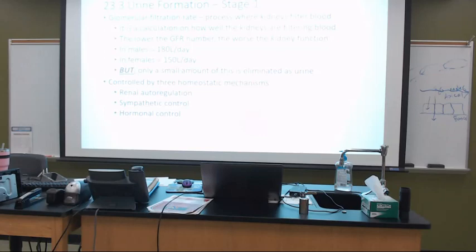We will have our sympathetic control, meaning, do you guys remember in the little video, they kind of showed that little juxtamedullary apparatus? Looks like a little horn coming off of the kidney. And that had some smooth muscle.